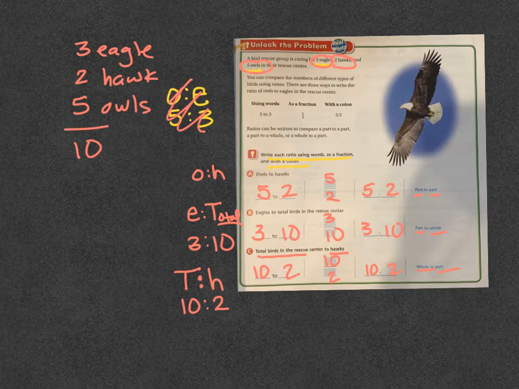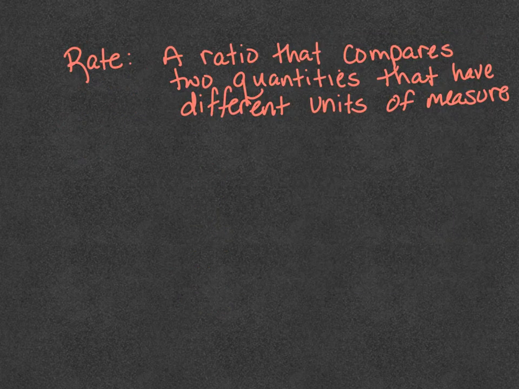Now we're going to introduce rates and unit rates. A rate is a ratio that compares 2 quantities that have different units of measure. A lot of times it has to do with miles traveled or time or money, stuff like that. Here's an example. I've got 2 hamburgers for $12. So that would be a rate. I got the value of 2 hamburgers, the value of it was $12.